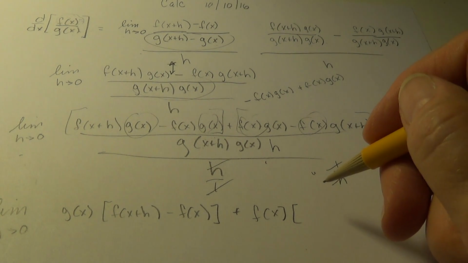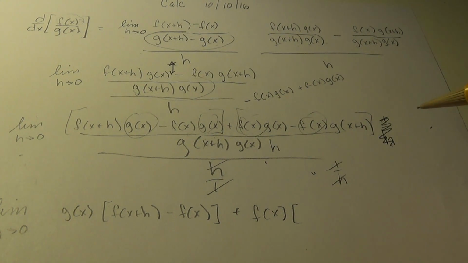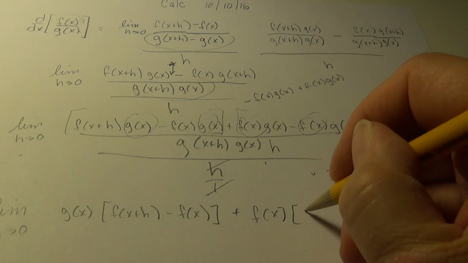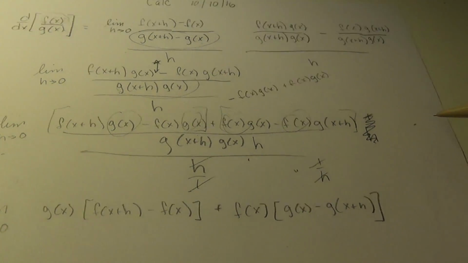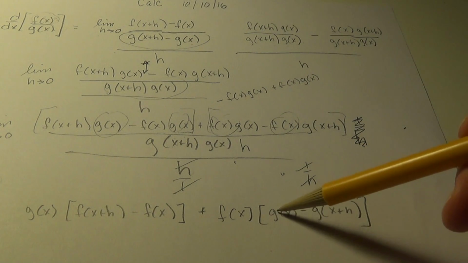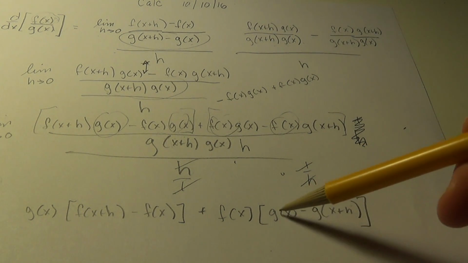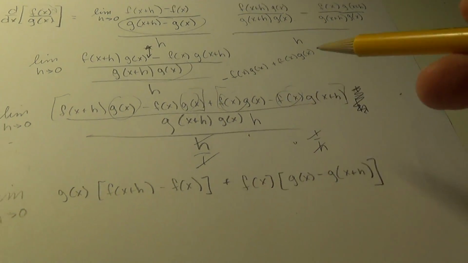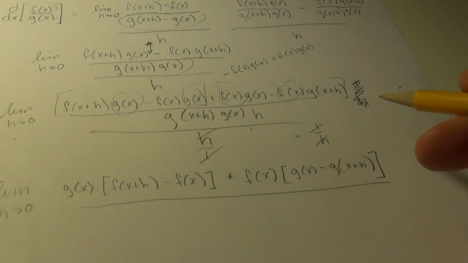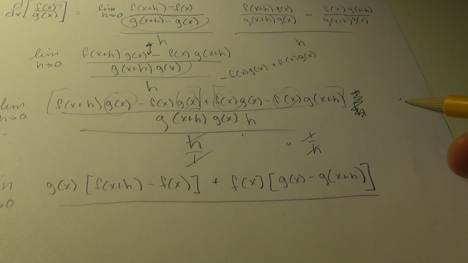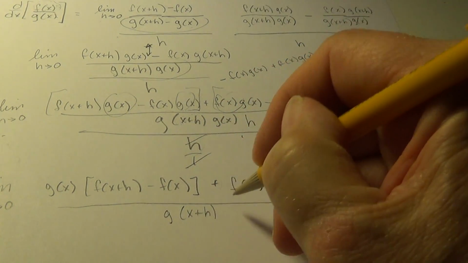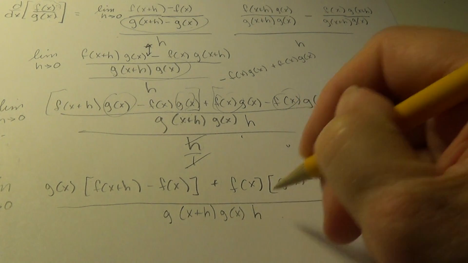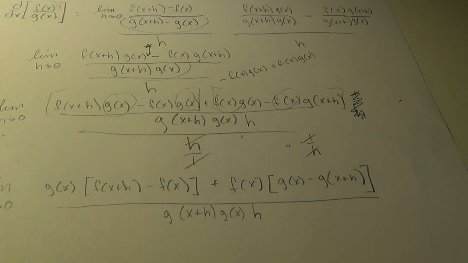If I pull out the f of x, I get g of x minus g of x plus h. Alright, what I'm aiming for is g of x plus h minus g of x, so I'll probably mess with this sign on the next step. And on the bottom, I am going to just rewrite g of x plus h, g of x, and h. Alright, I think I'm up to snuff here.